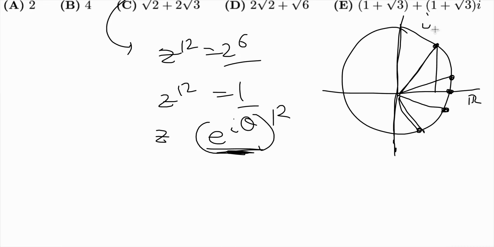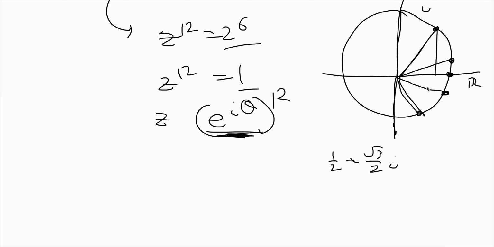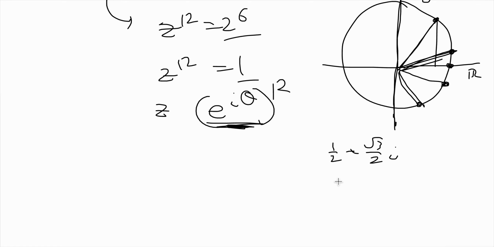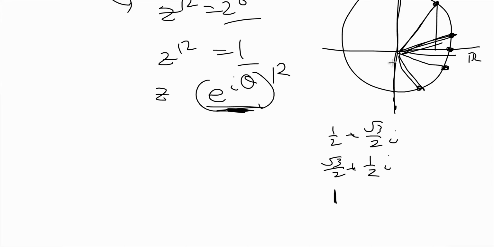So this one is a 60-degree angle. How about we'll just write it in terms of complex numbers, not coordinates. So this one is going to be 1/2 plus square root 3 over 2 i. This one right here is going to be square root 3 over 2 plus 1/2 i. This one over here is just 1, because that's the real number.